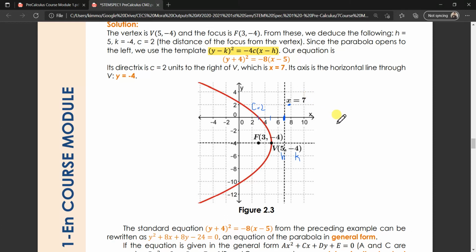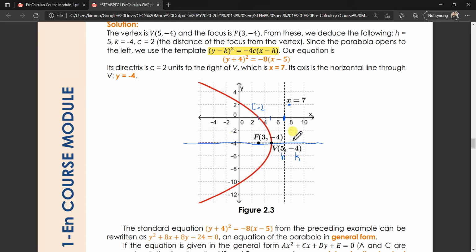How about our axis of symmetry? The axis of symmetry is just perpendicular to the directrix, the line that connects from our focus, vertex, and to our directrix. It is what divides our parabola in a mirror-like way. So this is our axis of symmetry.